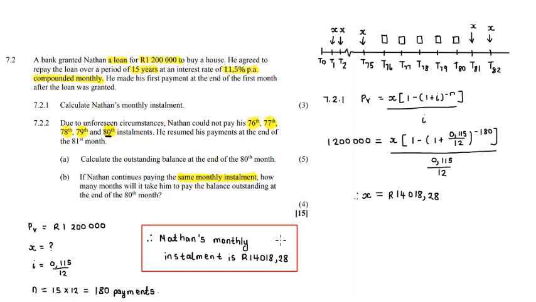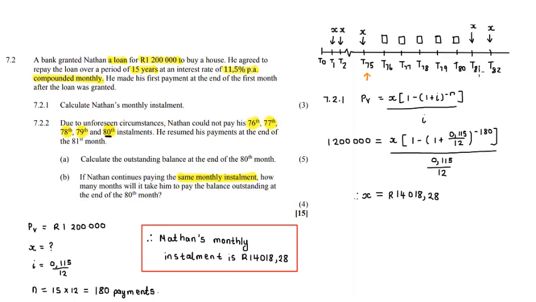So now to carry on with the rest of this question, we need to realize that what we first have to do is find out what Nathan was owing the bank immediately after he made this payment over here, at the end of the 75th month, similar to Jane's situation. Once we have the balance of his loan, we know that we need to charge him some interest, and that total outstanding balance is what he now needs to settle.